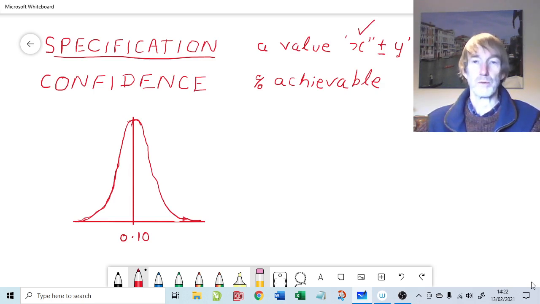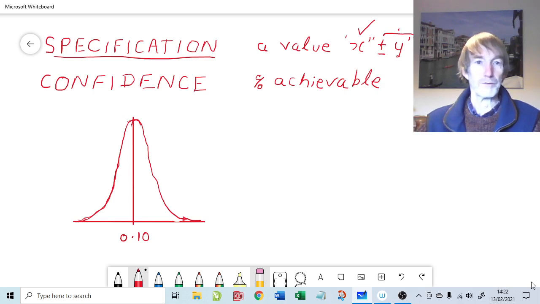So it could be 10% of a product that we're talking about as our specification. And that specification could have a tolerance on it. So we could say plus or minus a certain percentage around that 0.1 value.